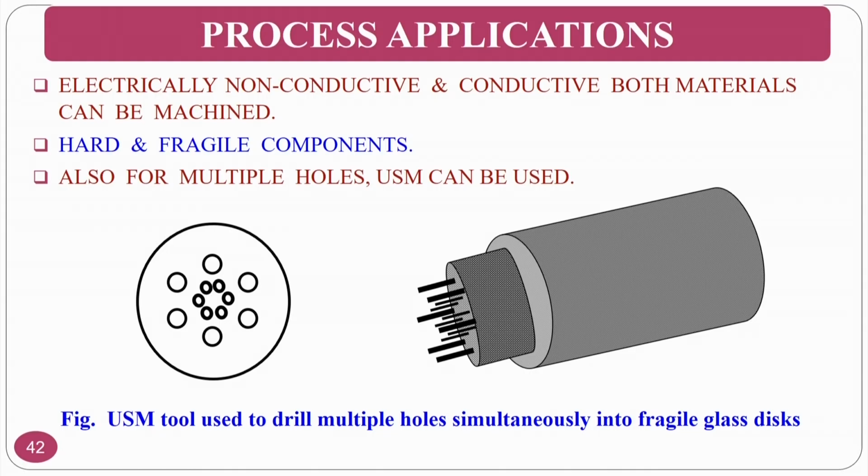Electrically conductive, non-conductive and other things we have seen. If I want to generate this type of holes, you can choose a tool according to that, and you can do the multiple holes. That means this particular process can give you multiple holes or multiple features on the workpiece material simultaneously.